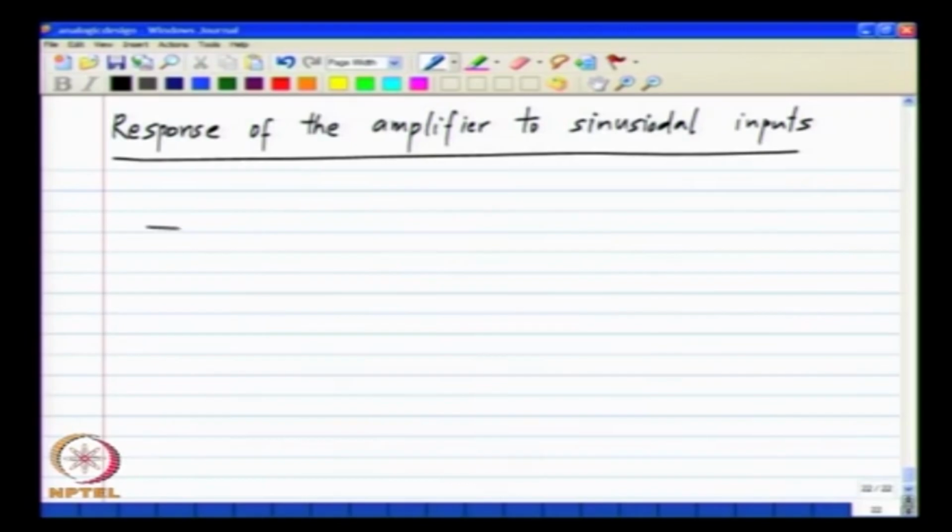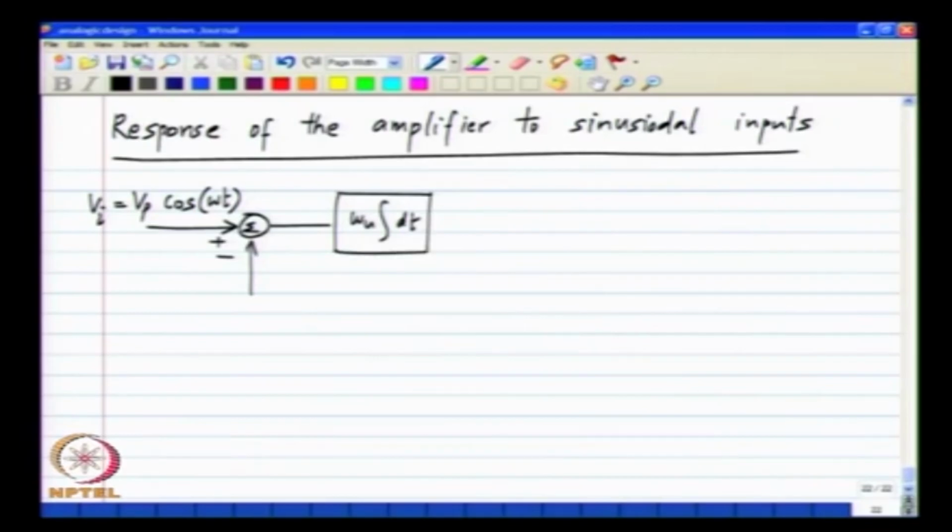So, in this case we assume that the input is a sinusoid at a frequency omega, okay.